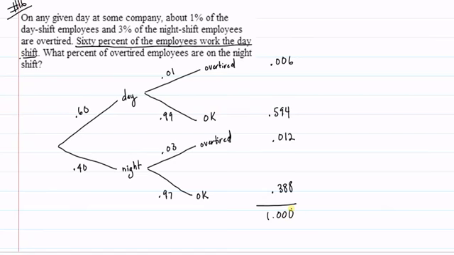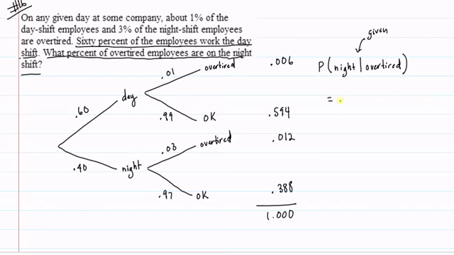Okay. It wants to know what percent of overtired employees are on the night shift. This question is the same as saying, what is the probability that I'm on the night shift given that I'm overtired? So remember, this little line means given.